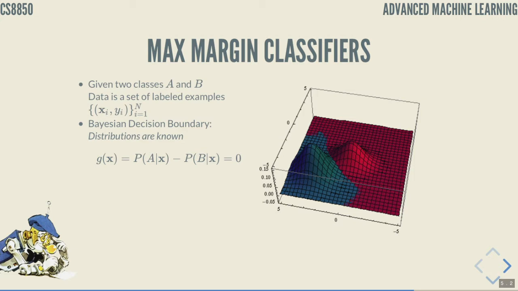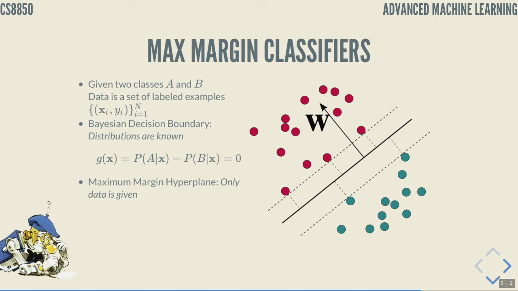That surface in the multidimensional space at which the difference of the posteriors is zero is our decision boundary, which can also be represented as a ratio or log ratio, etc. Maximum margin hyperplane, we build it guided by similar principles, by the restricted optimal Bayes classifier.